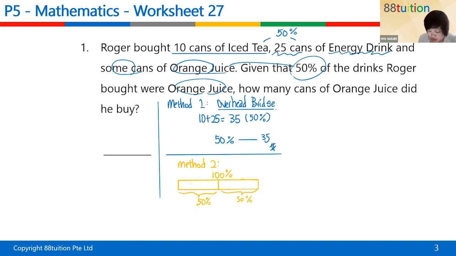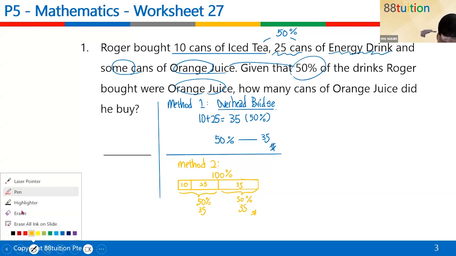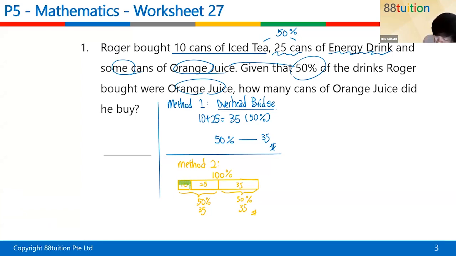And the 50% is broken into 10 and 25. So here will be 10, here will be 25, which will be 35. Since this is 35, then it must also be 35. That explains that. So this is 10, it's a little bit covered up. Then this is 25, so then this will equal 35.